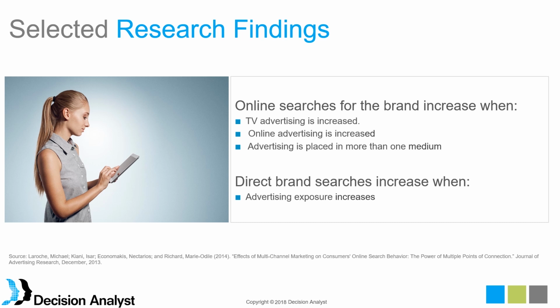To motivate this a little bit, doing a little bit of a literature review, an article came out of the Journal of Advertising Research suggesting that online searches for the brand increase when more than online advertising takes place. So if both TV advertising and online advertising are done, then online searches for the brand increase. And direct searches for the brand increase when overall advertising exposure increases.